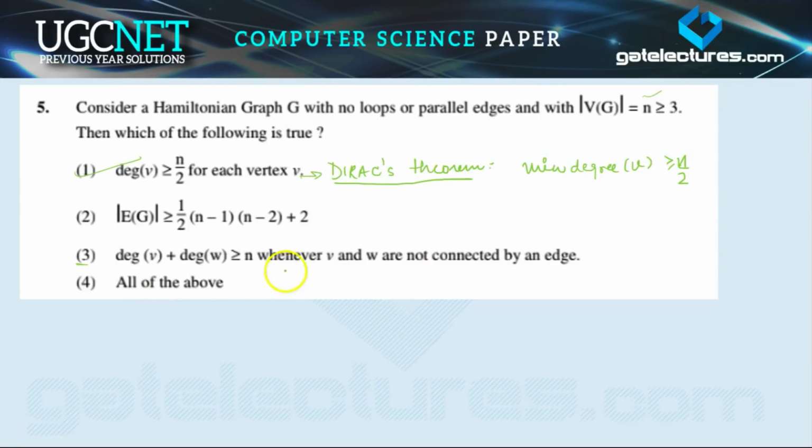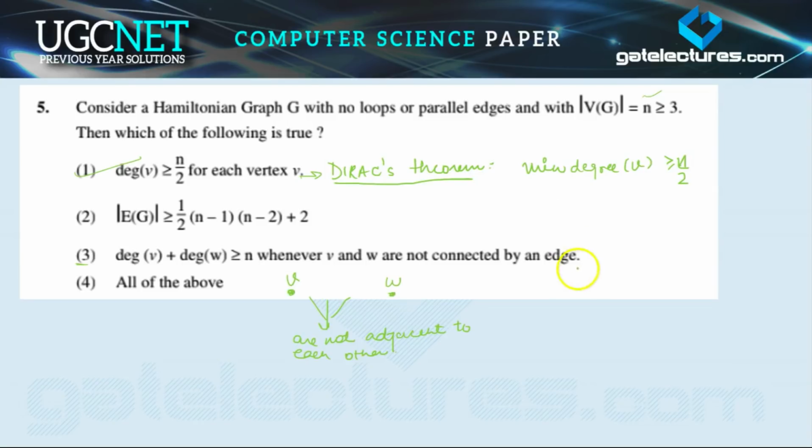It means that there is a vertex v and a vertex w, and they are not adjacent to each other, because there is no edge between these two vertices.